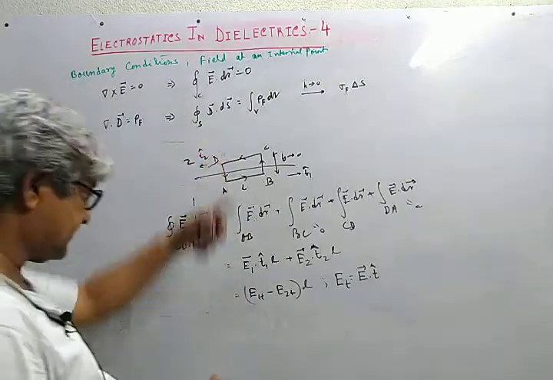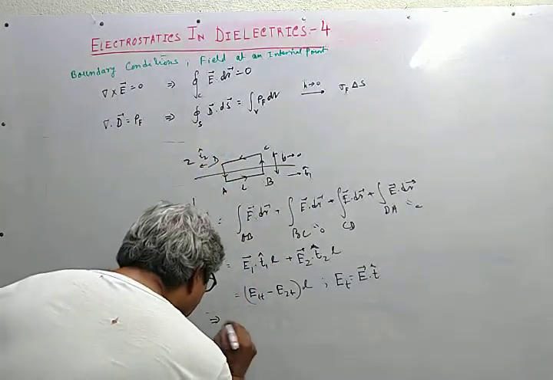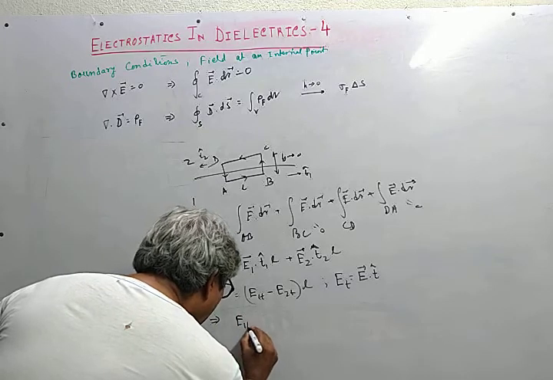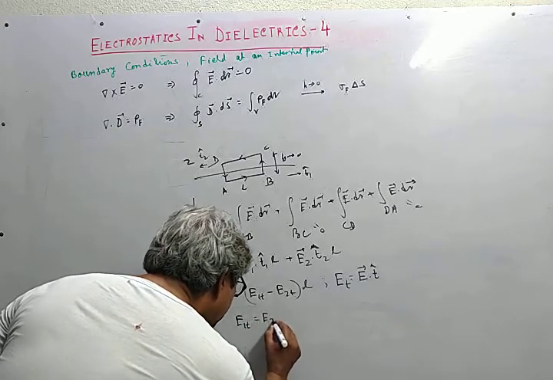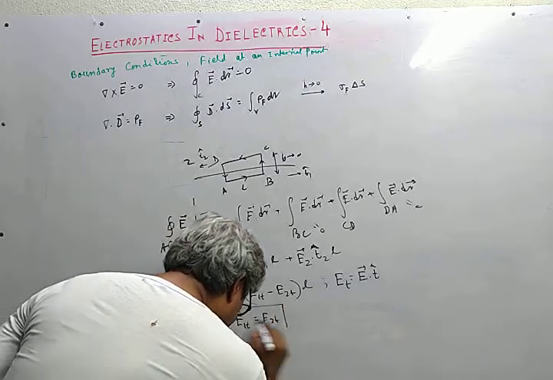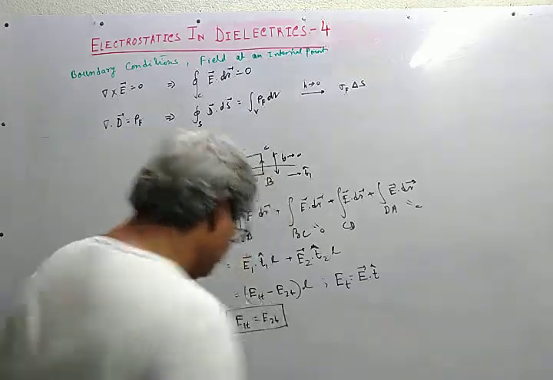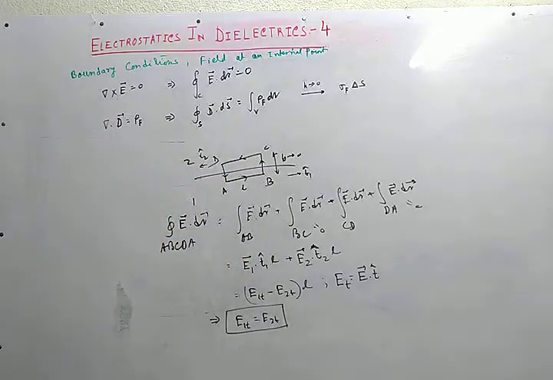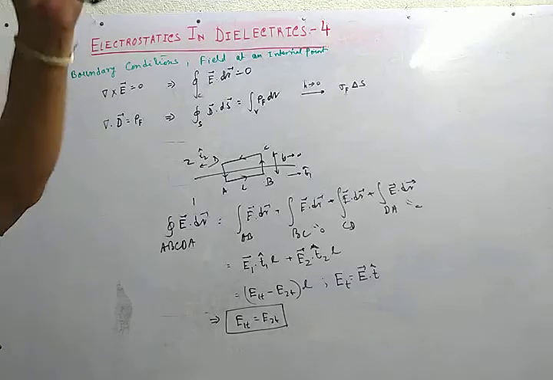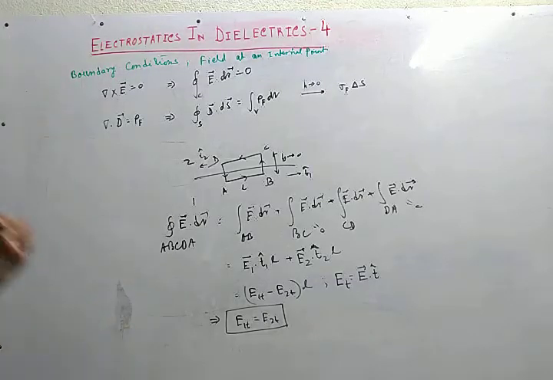Since the right hand side is 0, we conclude that E1T is equal to E2T. This is the continuity of the tangential component of the electrostatic field across the boundary. These are the boundary conditions which will be found to be very helpful in evaluating many problems.